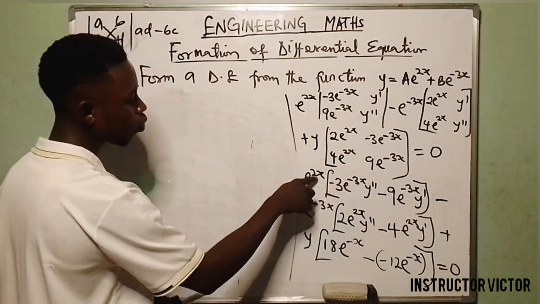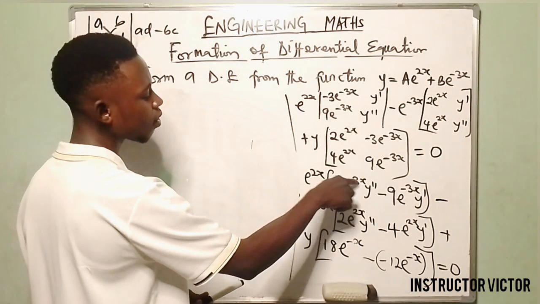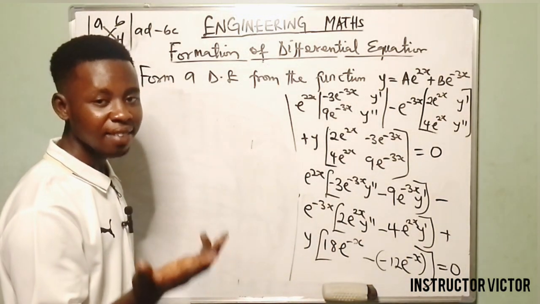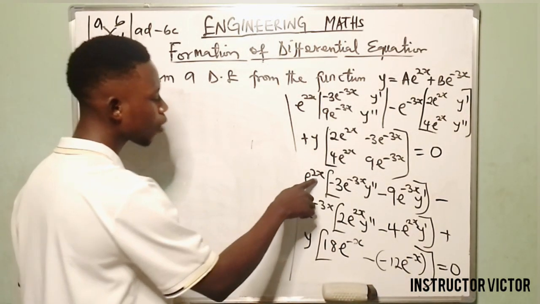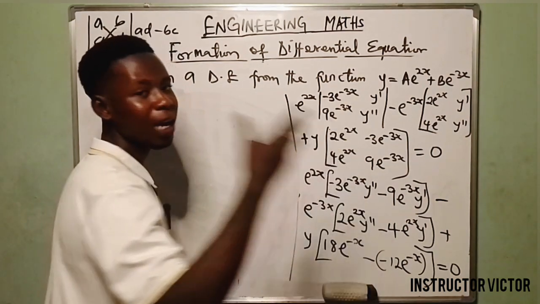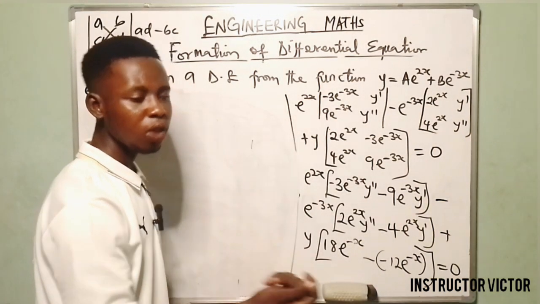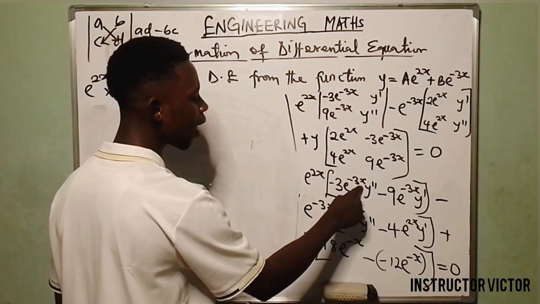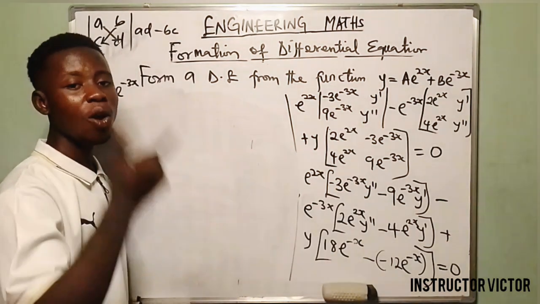Now 2x minus 3x will give us minus x, as I have said, because when you multiply these, the powers will add each other. So it will turn to 2x plus minus 3x, which will give us minus x.